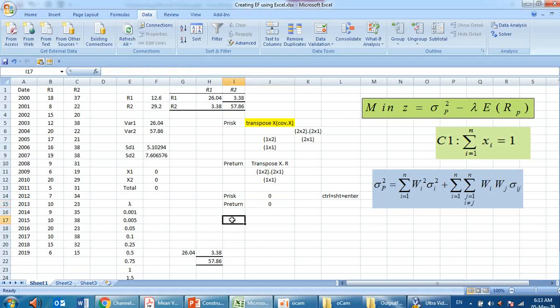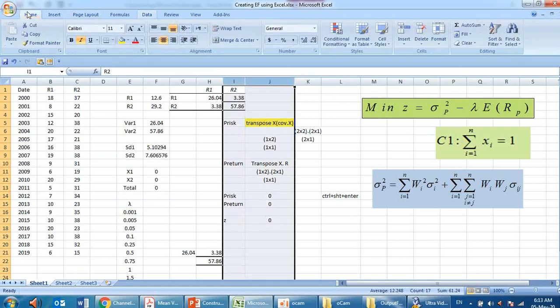Now I'll go for the Z function, and Z function is equal to portfolio risk minus lambda value, I'll put a bracket also over here, into asterisk the portfolio return. Okay, this is the function. Now I've created all the functions that I needed.